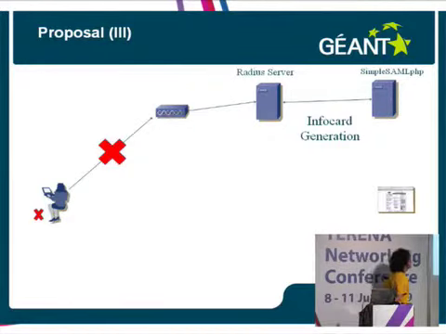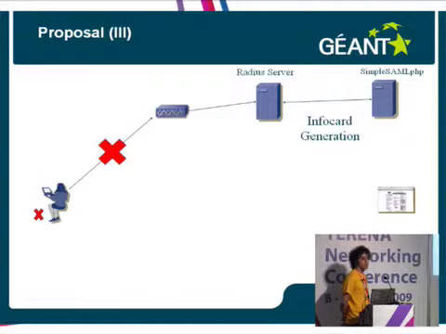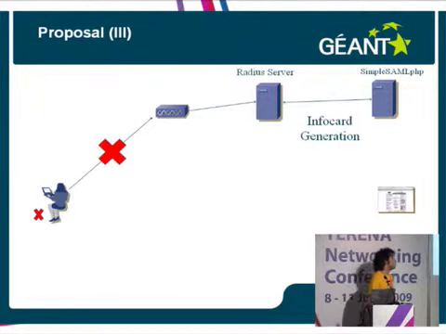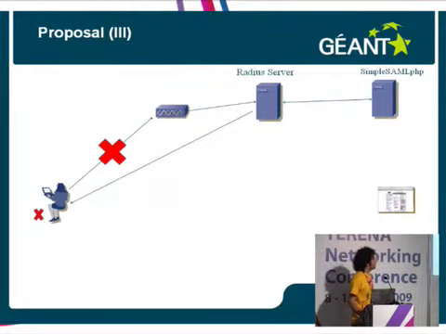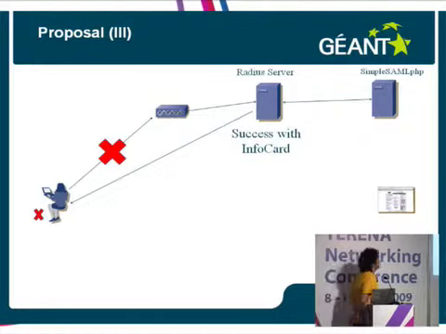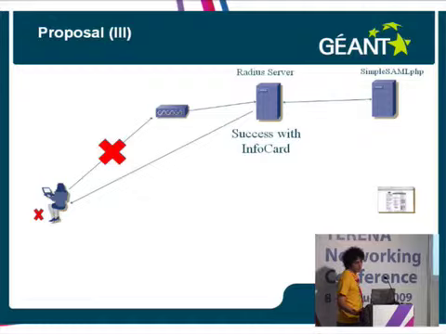We will be able to generate an information card for that user, and the simpleSAMLphp that is acting as the information card generator server will send back a specially crafted URL referencing the location of the EduROAM information card, and in the success message sent by the RADIUS server to the user, we will be able to find the reference, the URL for the information card.